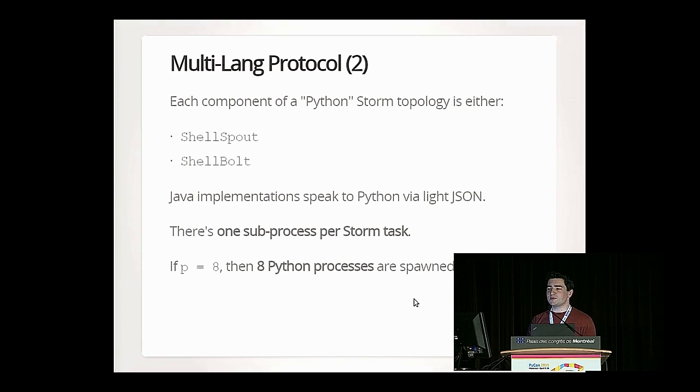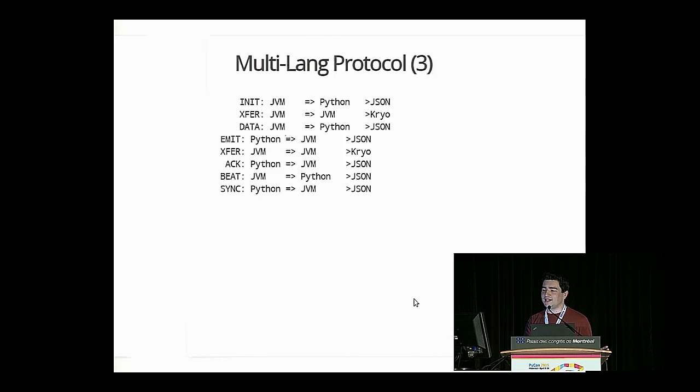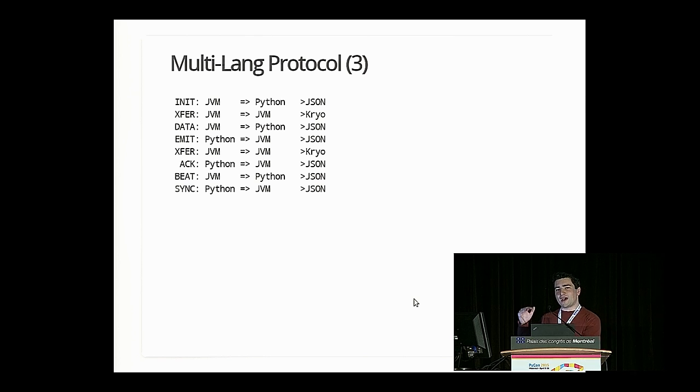Each component in a Python Storm topology is either a shell spout or a shell bolt, and Java implementations speak to Python via JSON. And the result of this is that there's one Python process per Storm task. So when you set your parallelism to 8, you actually get 8 Python processes on your machine. And there's some data interchange that happens between Python and the JVM.